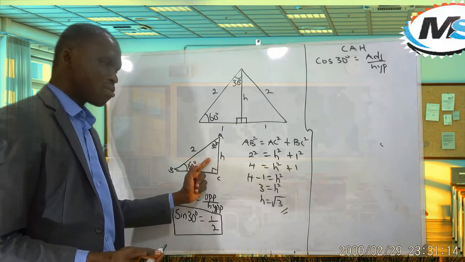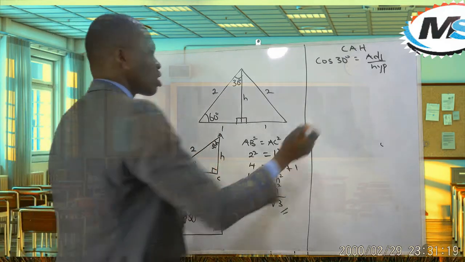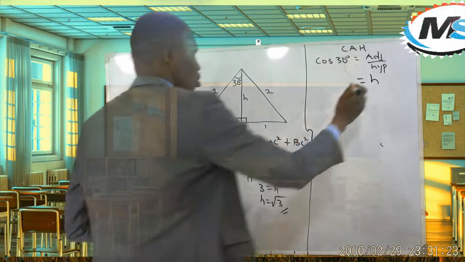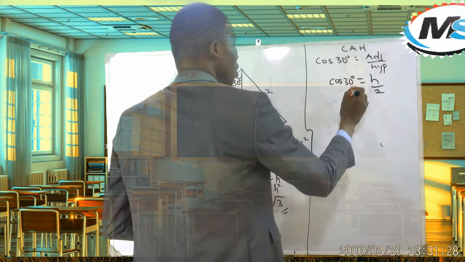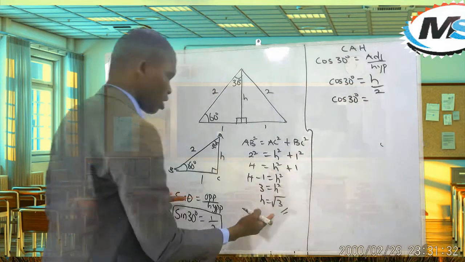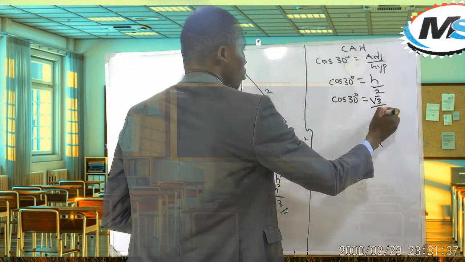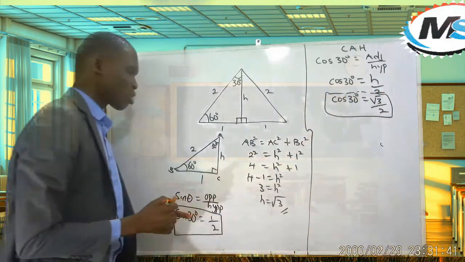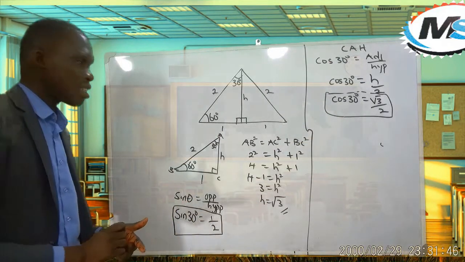Please make sure that you don't make that mistake. Our adjacent is h and our hypotenuse is 2. So cos 30 degree will give us h, which is root 3, all over 2. Take note of this. We are going to make use of this when we are solving examples.